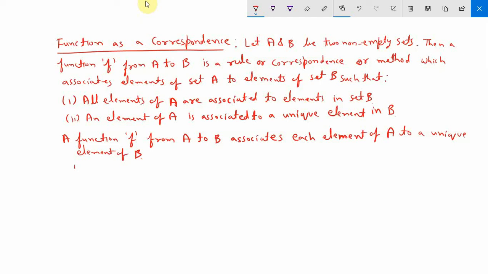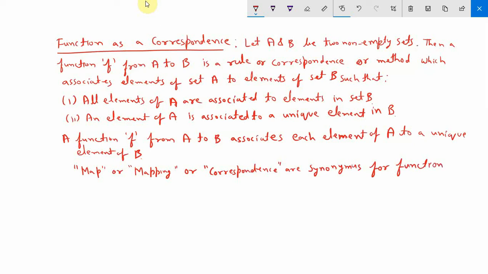If someone uses map or mapping, or someone uses correspondence, these are synonymous for function.